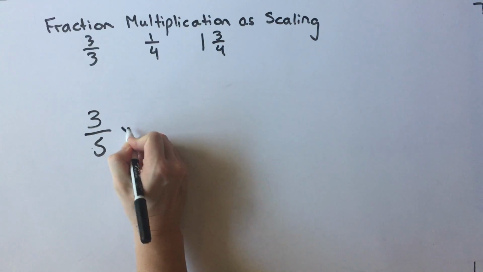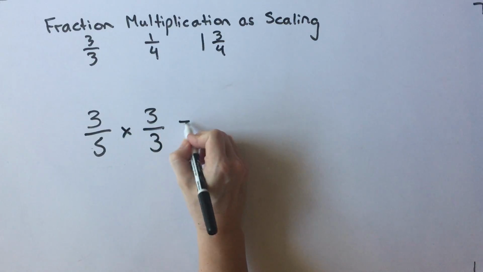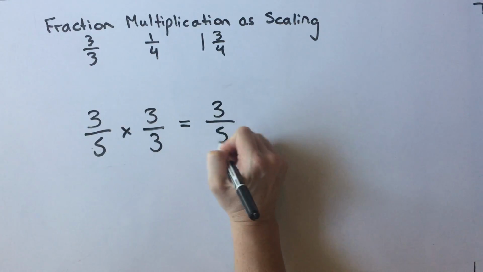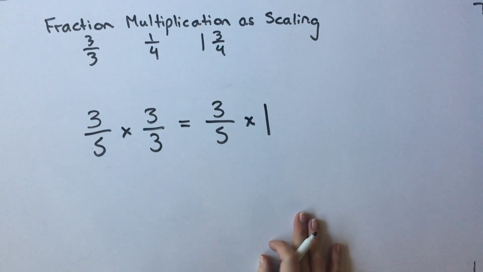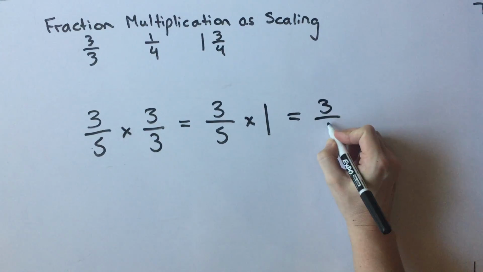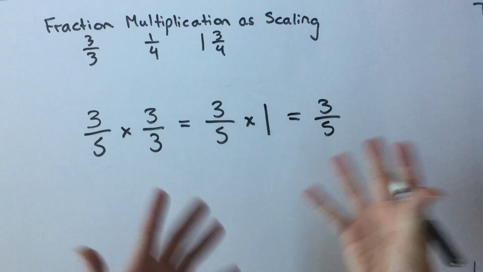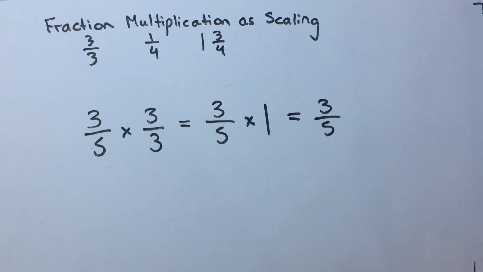So 3/5 times 3/3 is the same thing as 3/5 times 1. So 3/5 times 1, what is that going to give me? Well, it's going to be 3/5.